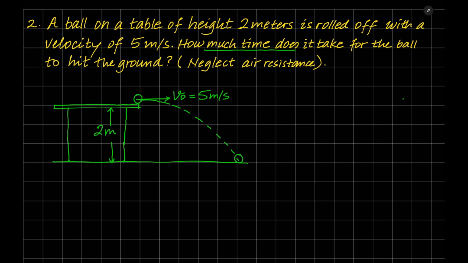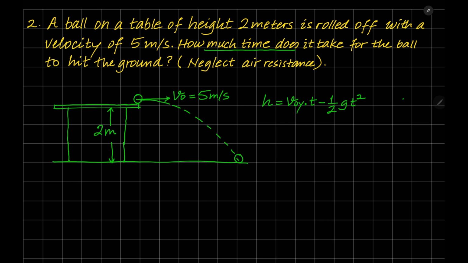From the equations of projectile motion, we know that height is equal to the vertical component of velocity times t, minus 1/2 g t squared.